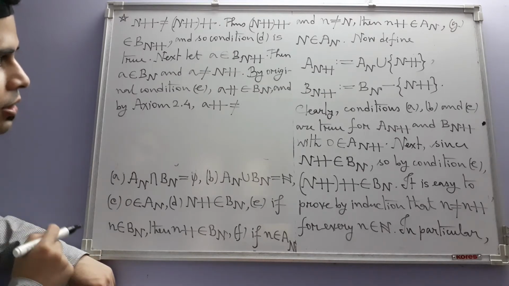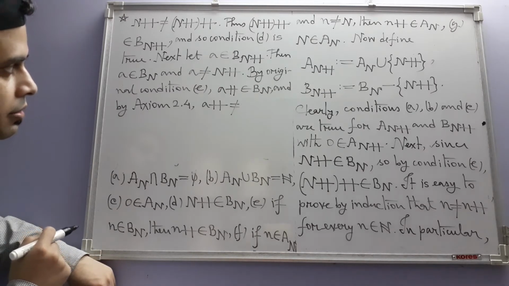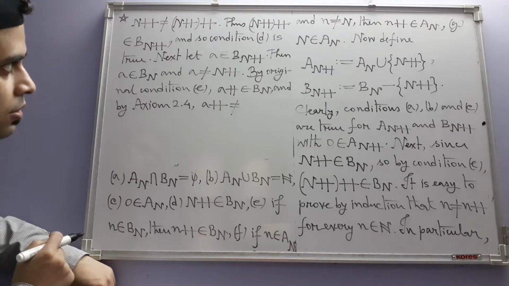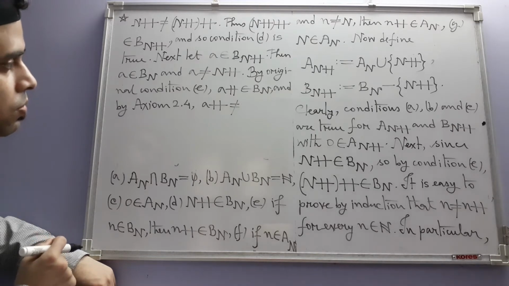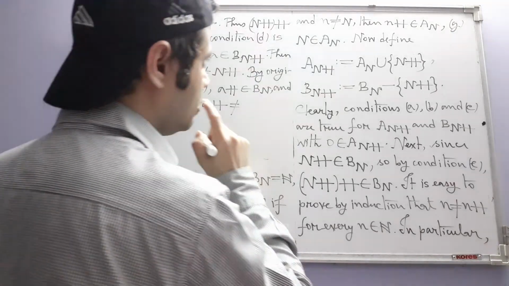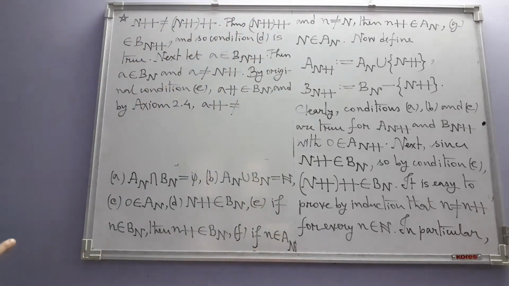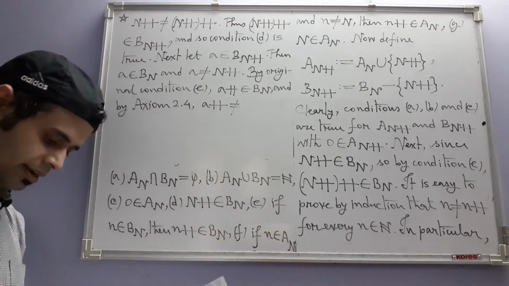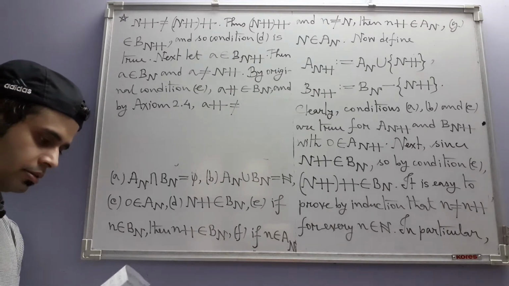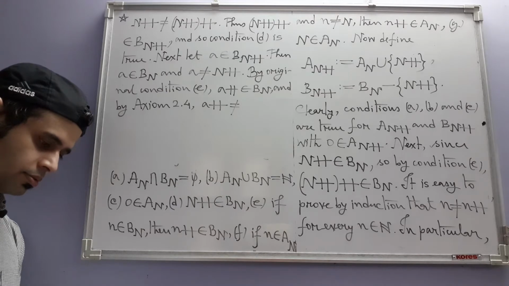How can I make sure that A plus plus is not equal to n plus plus? Oh, okay, yes, A is not equal to n, so that means, am I getting it correctly? Wait, let me just see. Okay, conditions A, B and C are true.